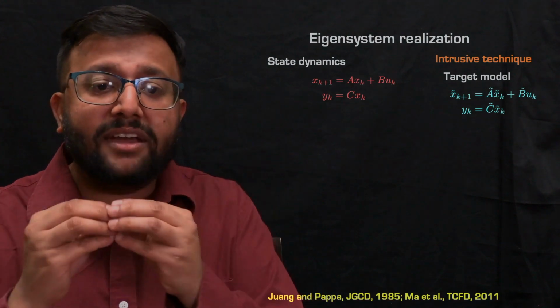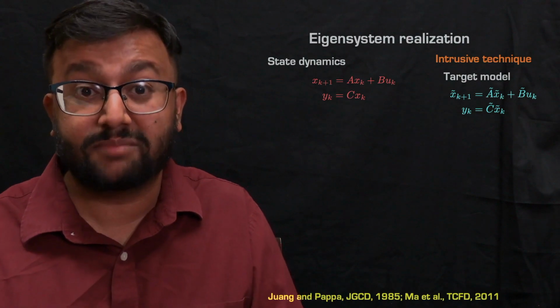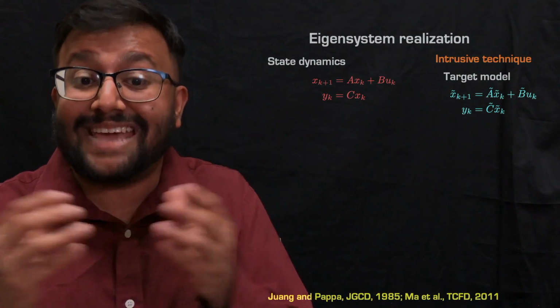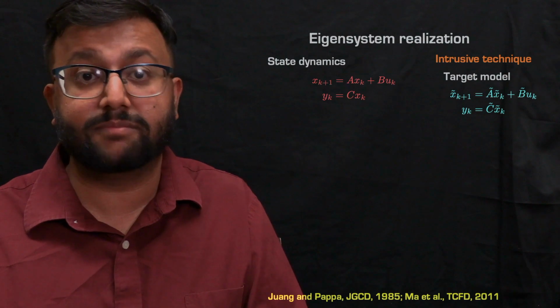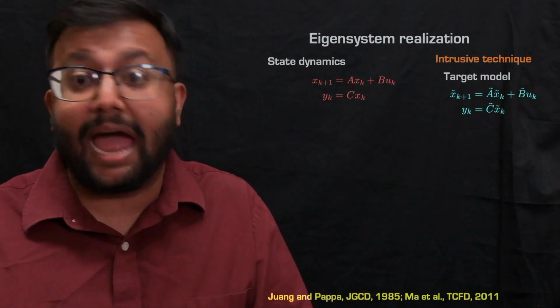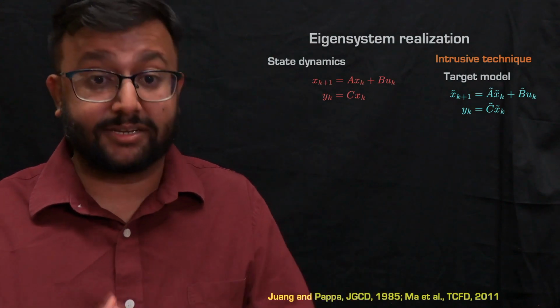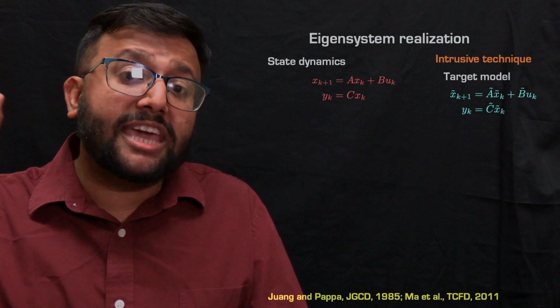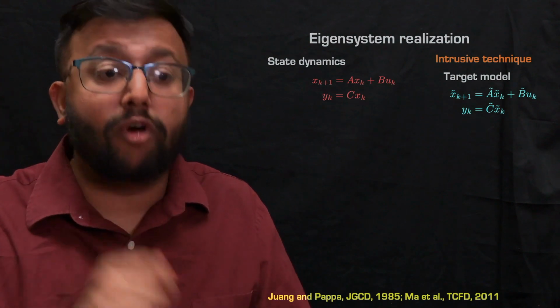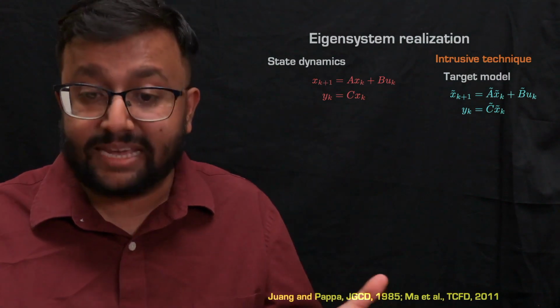So we want to find a low dimensional A tilde representation of the system, some low dimensional states X tilde, a low dimensional input matrix B tilde, and a low dimensional measurement matrix C tilde. But we want to keep the inputs u of the original system as well as the outputs y the exact same.